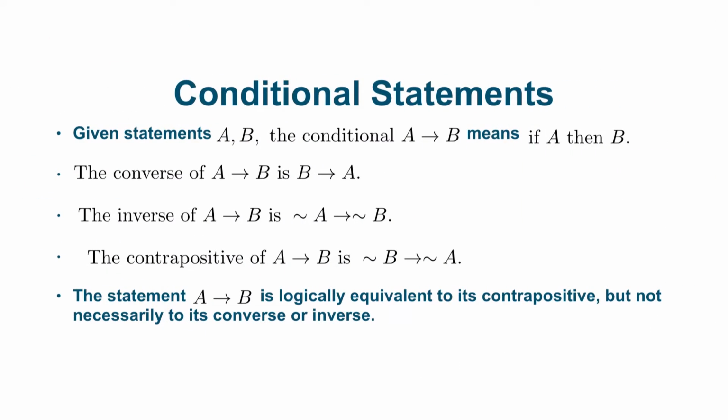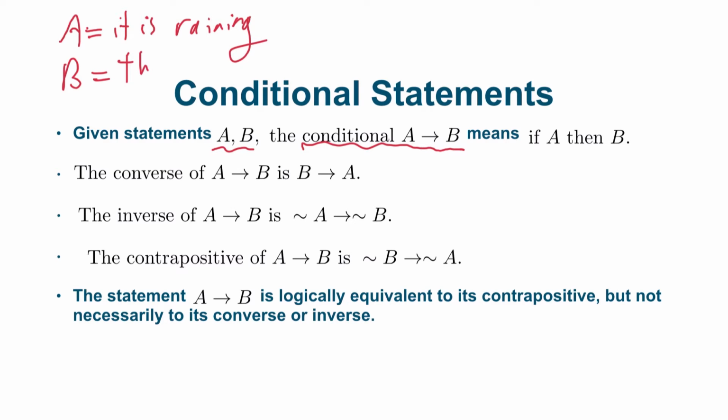Some more notation. When we're given two statements A and B, we can write the conditional statement A implies B, or if A, then B. So as an example, let's say A is the event, "it is raining." And B could be the event, "the ground is wet."